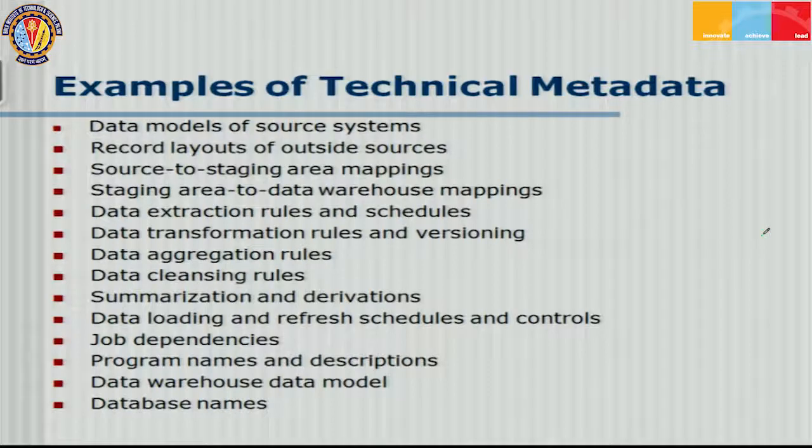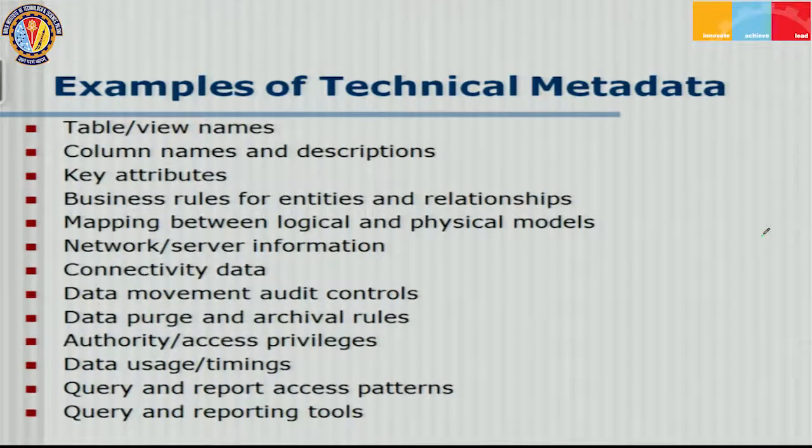Summarizations, then data loading and refresh schedules, job dependencies, program names and descriptions, data warehouse data model, and the database names. All this comes under the technical metadata. Along with that, we also talk about table and view names, column names, and connectivity data. All these come under the technical metadata as well. So there is quite a bit of overlap with the business metadata.